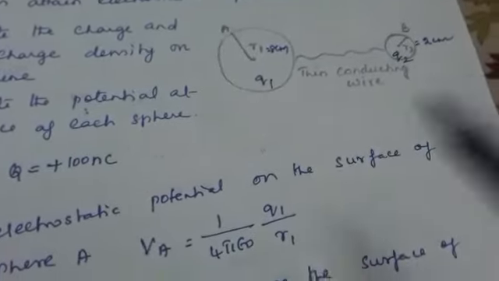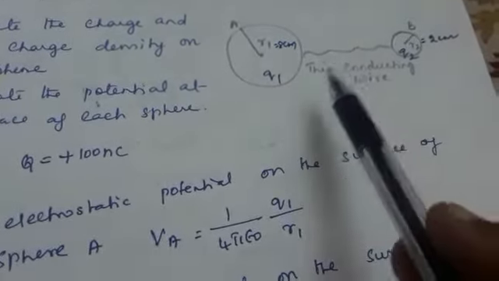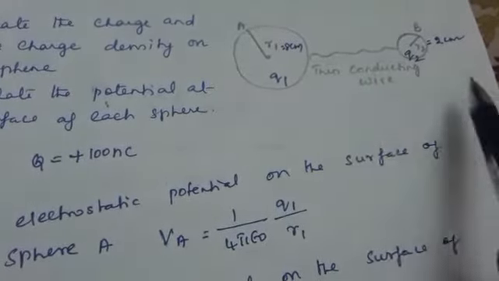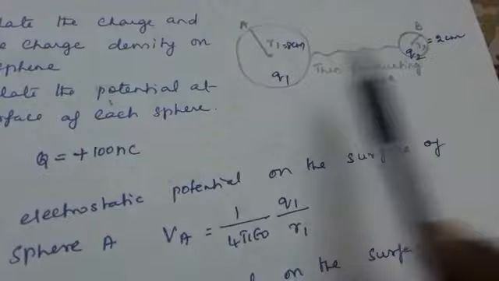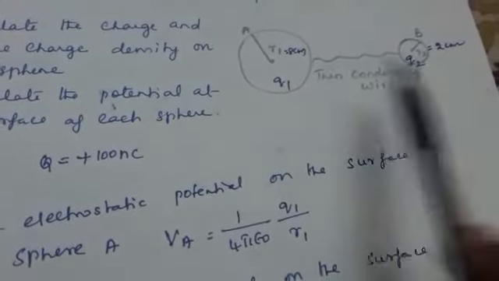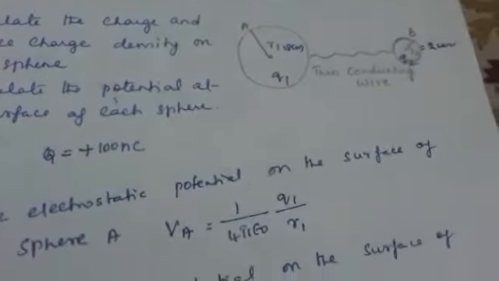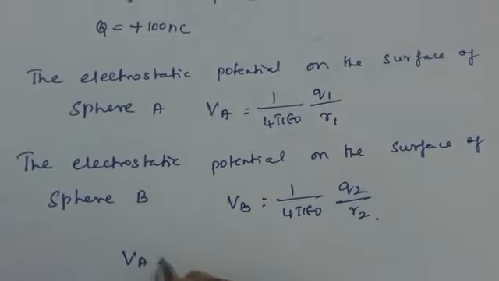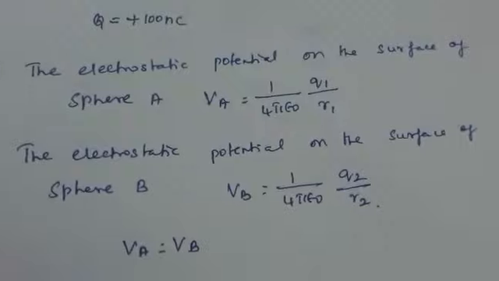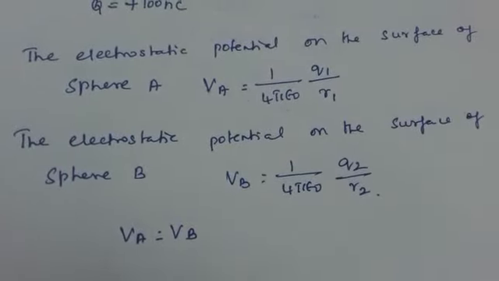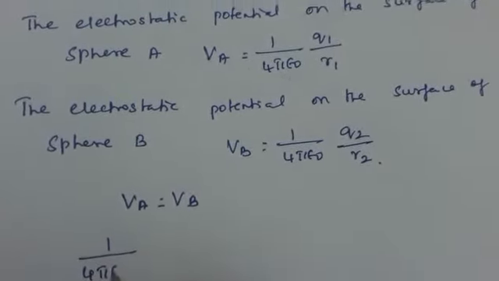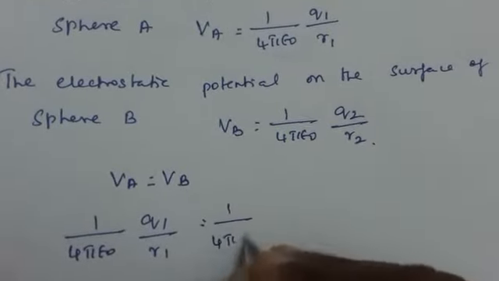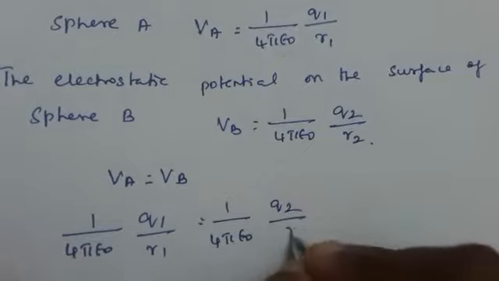Since these two spheres are connected by a thin conducting wire, the potentials of both spheres are the same because the charge will be redistributed. So we can write VA equal to VB. Substituting, 1 by 4 pi epsilon 0 Q1 by R1 is equal to 1 by 4 pi epsilon 0 Q2 by R2.